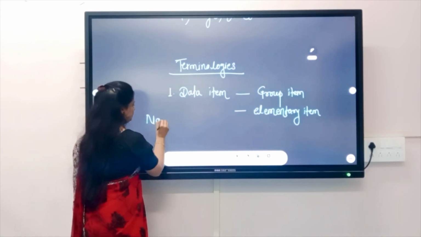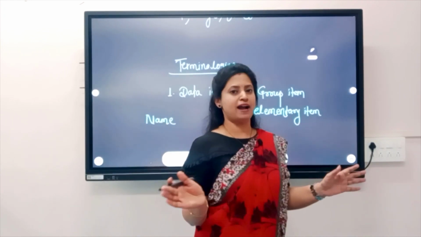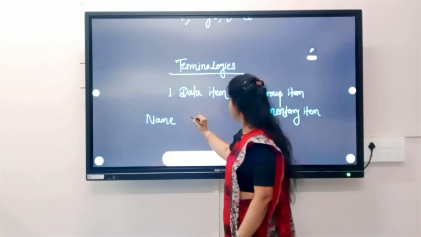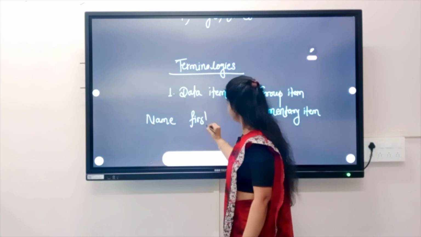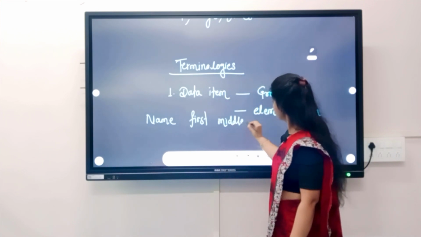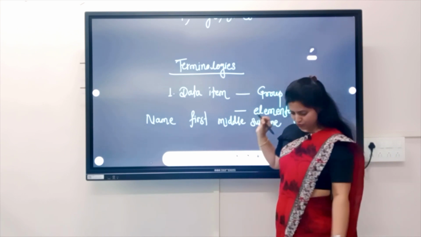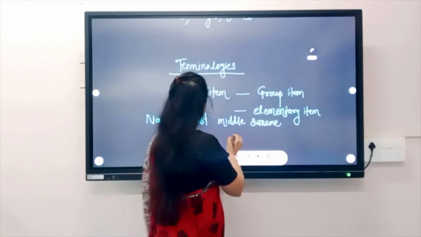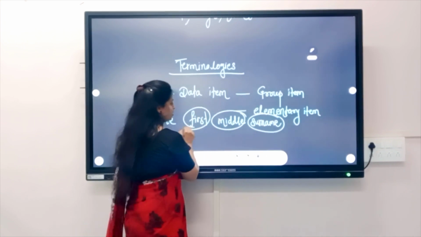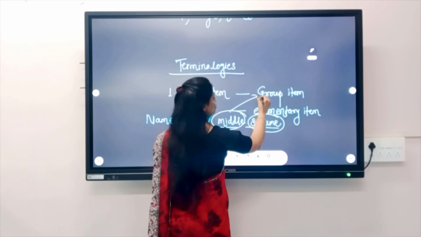Suppose I have the name of a student. This name has three different parts, like first name, middle name and surname. If the data item can be divided into a number of parts and all the parts have their own meaning, then it is called a group item.